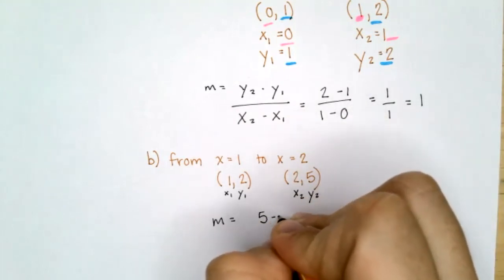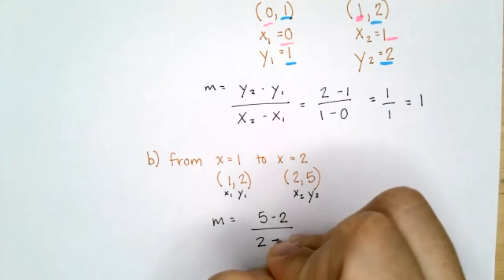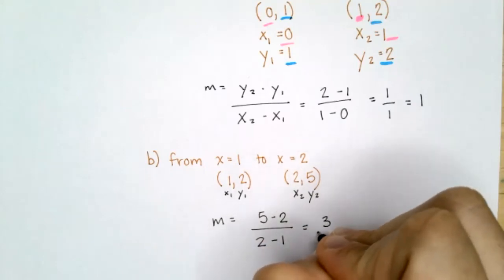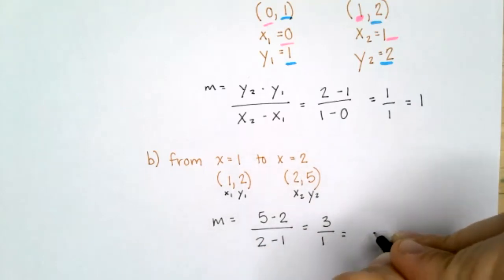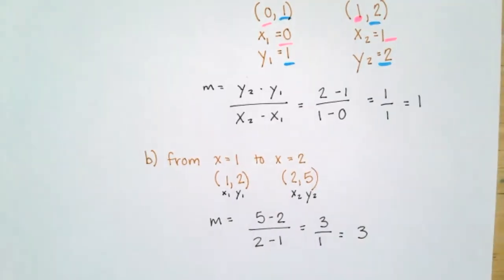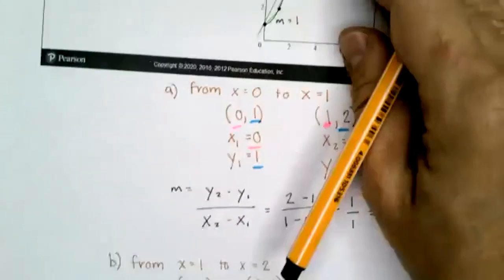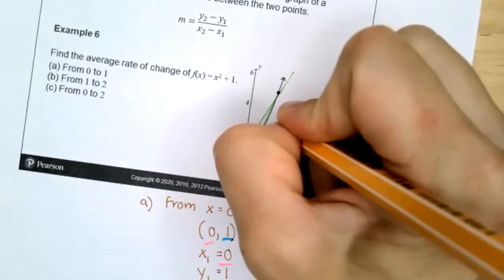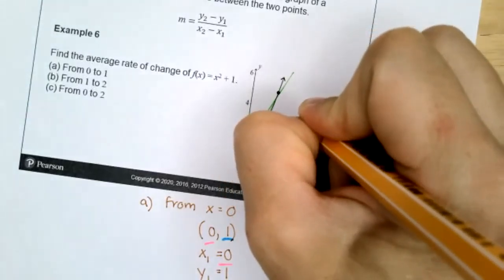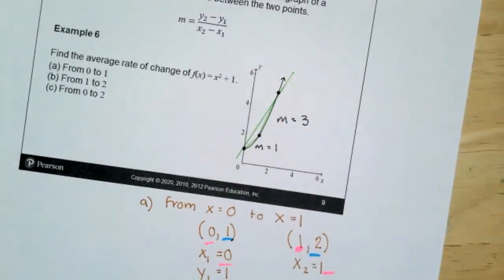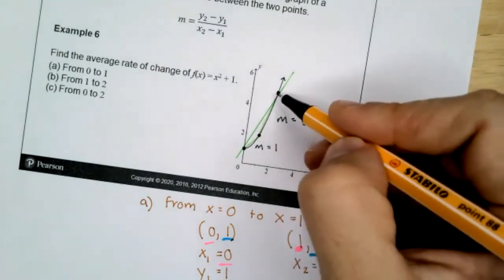M is 5 minus 2 over 2 minus 1. 5 minus 2 is 3. 2 minus 1 is 1, right? So my slope is 3 right here. Between that point and that point, it's 3.